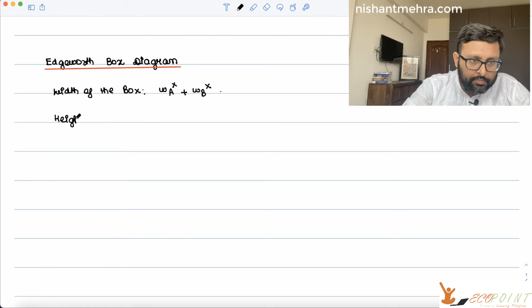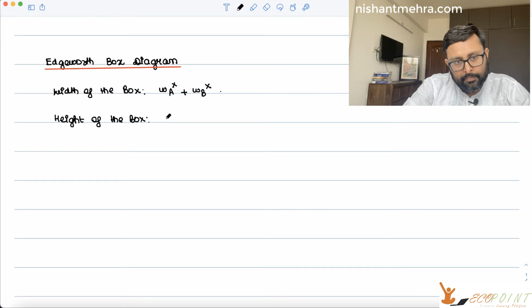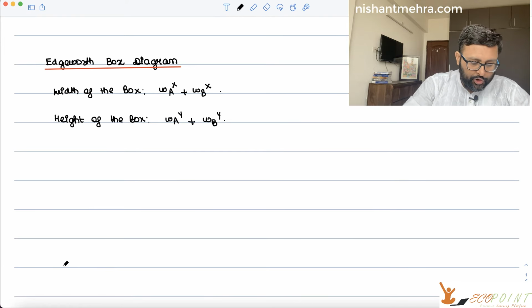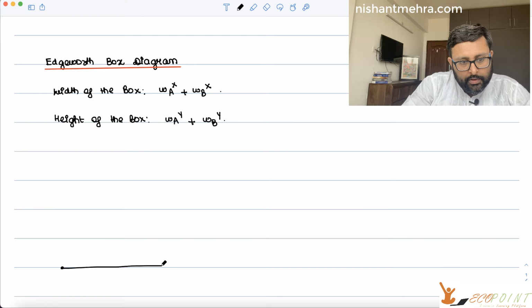The height of the box is the amount of y which I have plus the amount of y which you have. Okay. So, how should I say this? This is what I'm going to start with. So this is the amount of x which I have. This much till here.